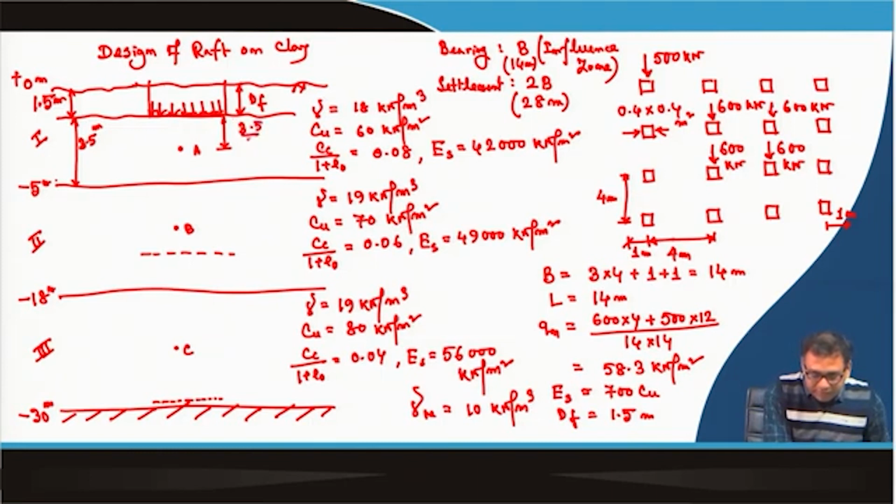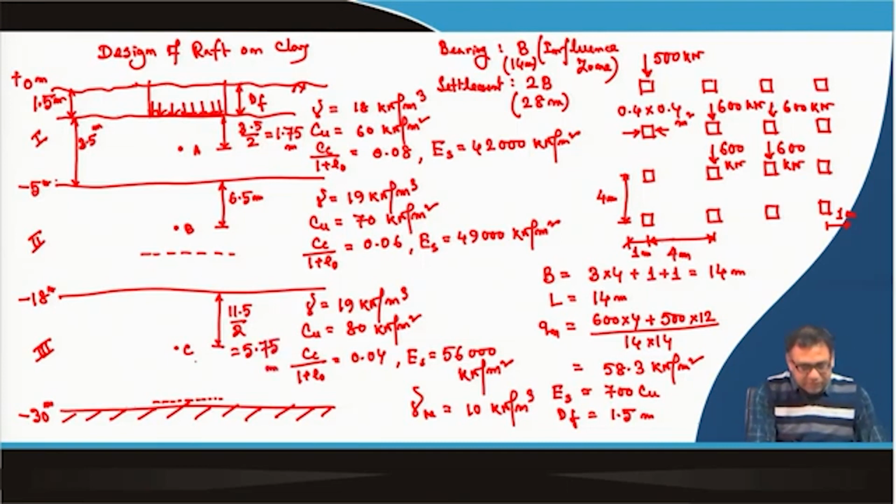So, this thickness is 3.5 meter divided by 2, which is 1.75 meter, and this one is 13 by 2, it will be 6.5 meter, and this one is 11.5 divided by 2, so this will be 5.75 meter, for the third layer 11.5 meter thickness. So, this way we have selected 3 points.